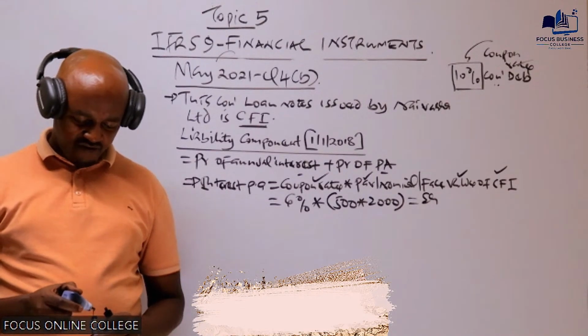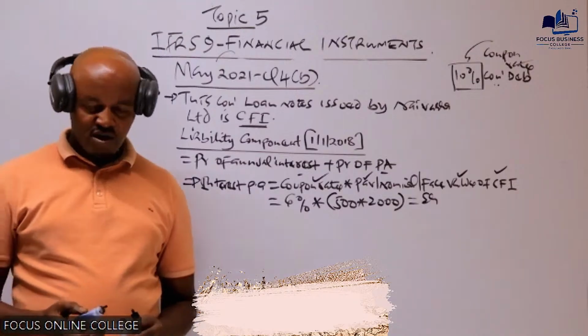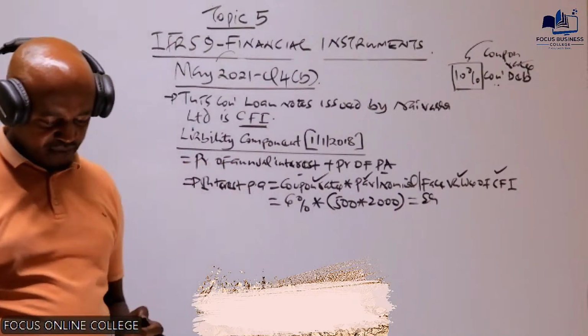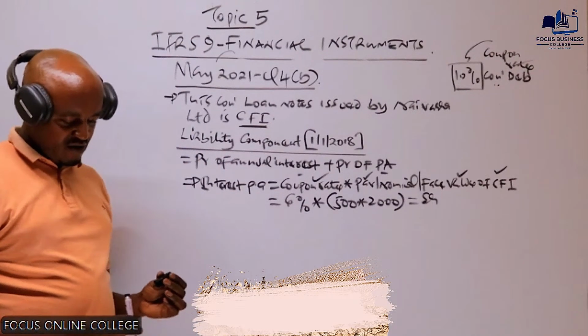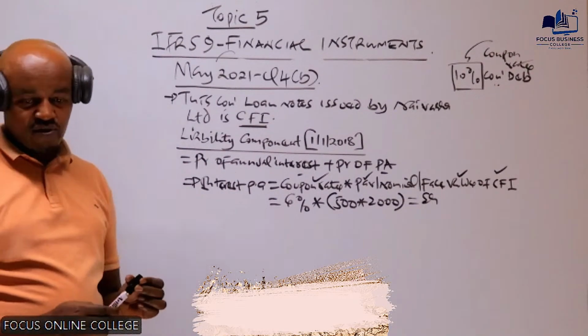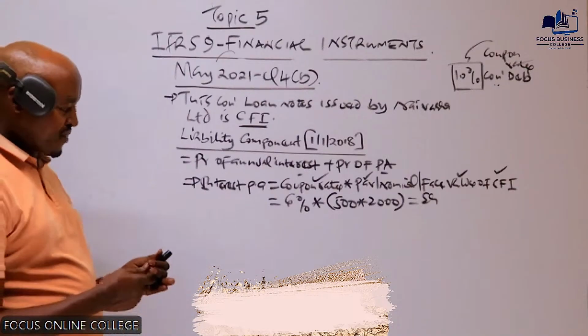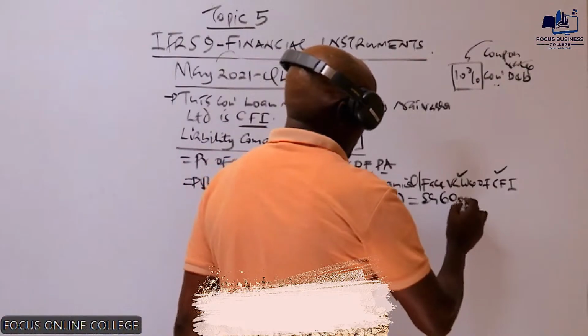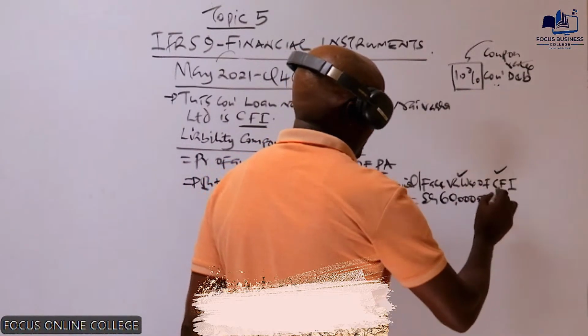Yes, I'm given a figure of 60,000. So 60,000 is the interest which will be paid by our company per annum.